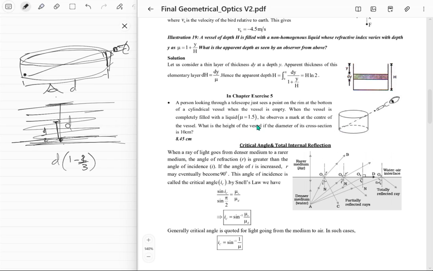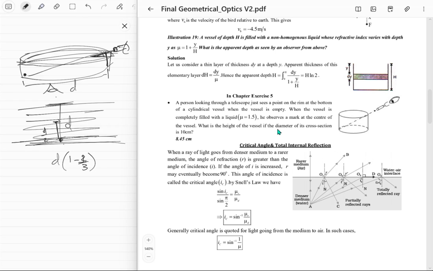How is the height of the vessel relevant to this question? Rim at the bottom of the cylindrical vessel, and the vessel is empty. The vessel is completely filled with liquid. This is not good. He clearly is looking like this, parallel to the surface, not perpendicular to it. This is not making sense.